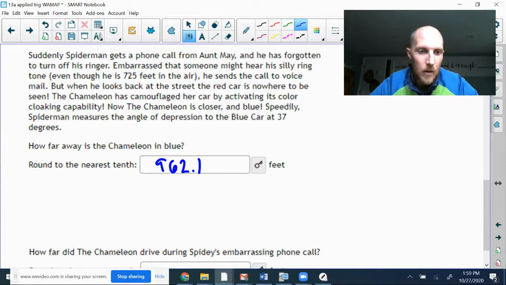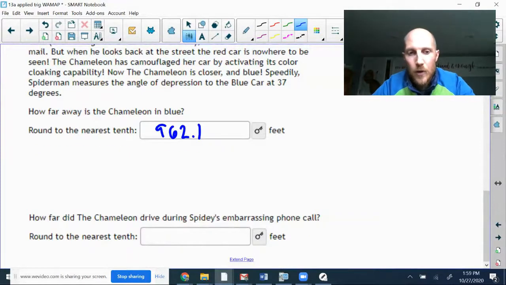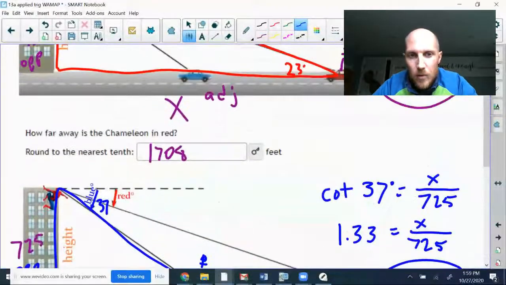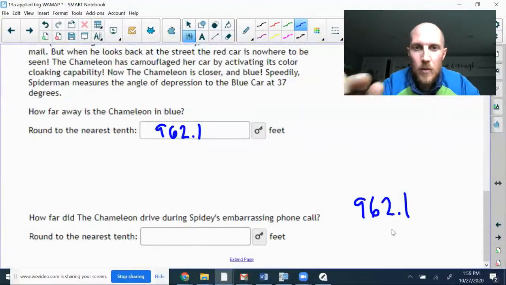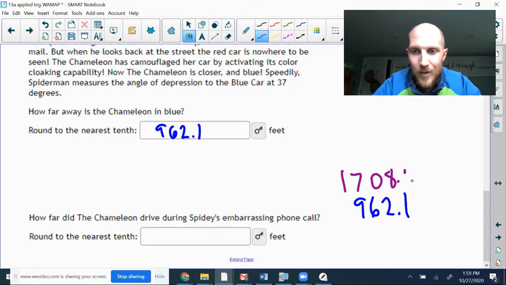All right. And we're going to find out now, how far did Chameleon drive during Spidey's embarrassing phone call? If you look away at the important part of the movie, something happens. How far did the car go? So I have to subtract. So now I got 962.1. What was the first number? 1708.0.